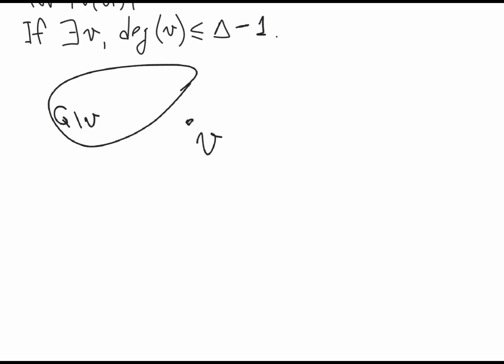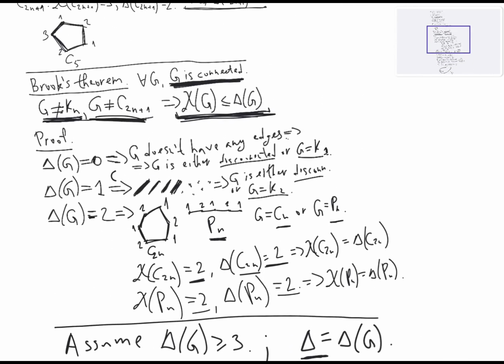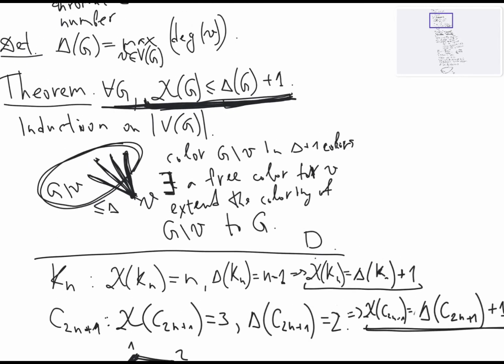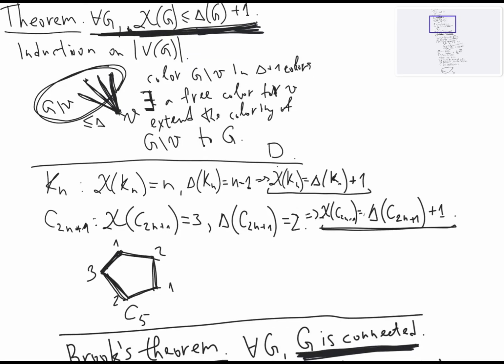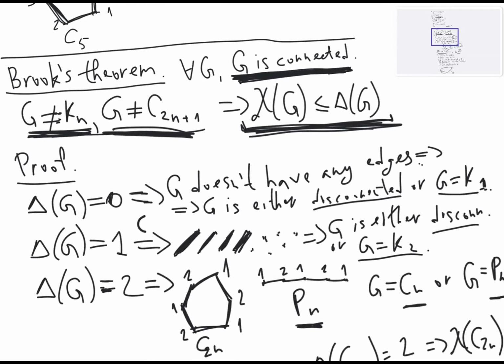Now we need to be careful because we cannot really apply the statement to this graph G minus v because it might be disconnected. Unlike the previous theorem with the trivial upper bound of +1, which holds for any graph connected or disconnected, here G must be connected.